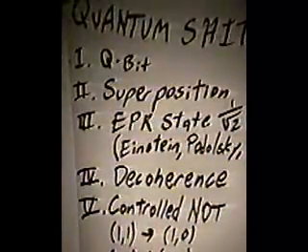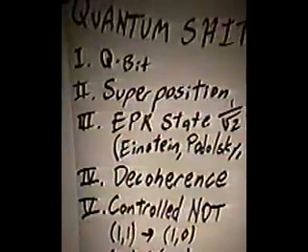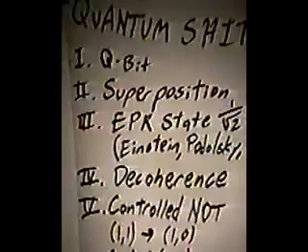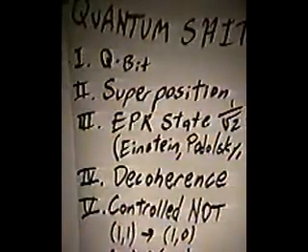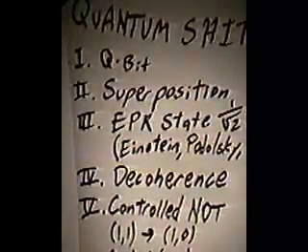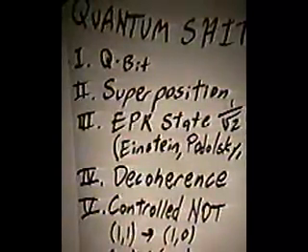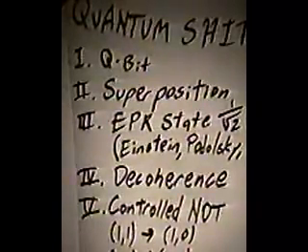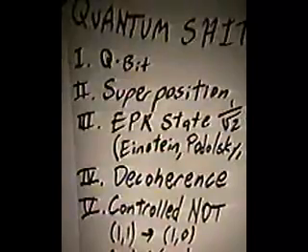Also with the EPR, I glossed over this again, but there's entanglement between the two qubits that you have in EPR: there's a control bit and the other bit, and when you read one, the other one will decohere to the exact same value based on that. That's what entanglement is, and it's pretty crazy.